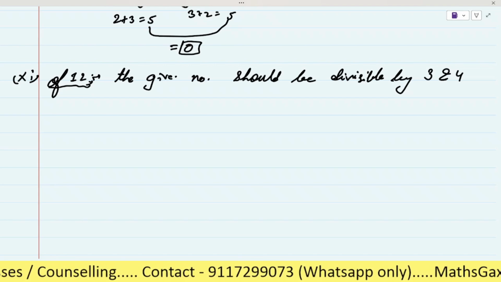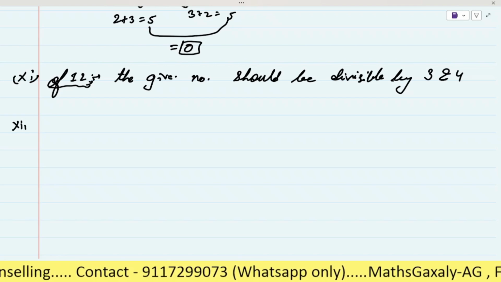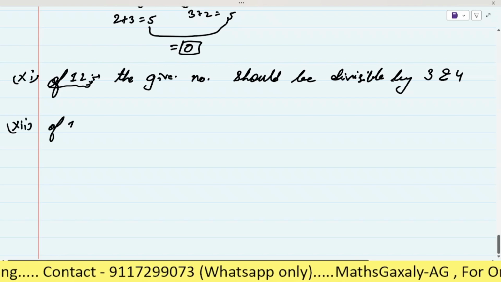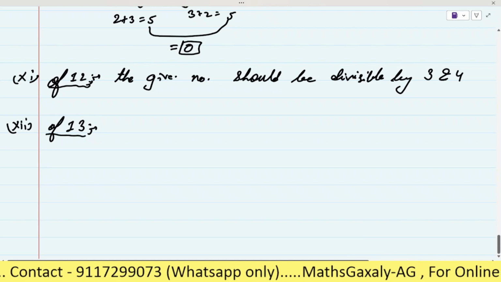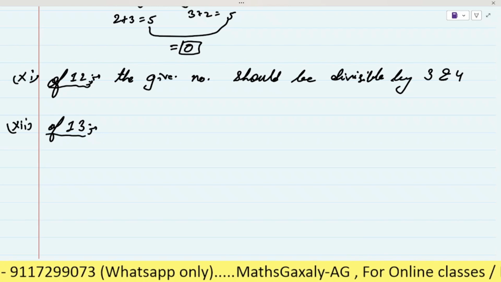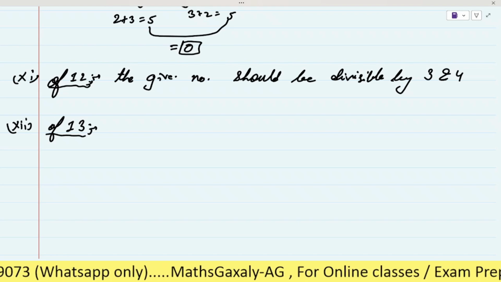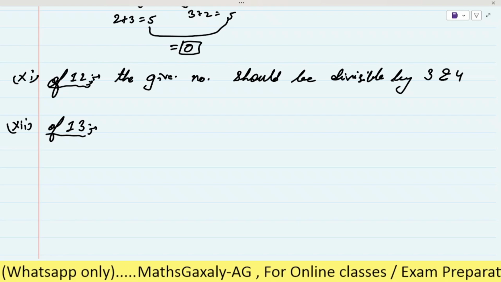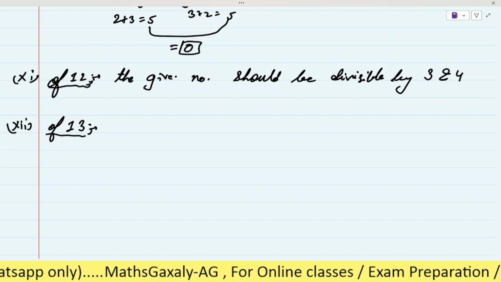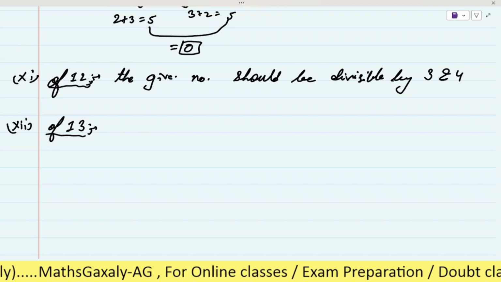Do you know the divisibility rule of 13? No. Okay, no problem. It says that if we add 4 times the last digit to the remaining number, and the resultant number is divisible by 13, then the given number will also be divisible by 13.